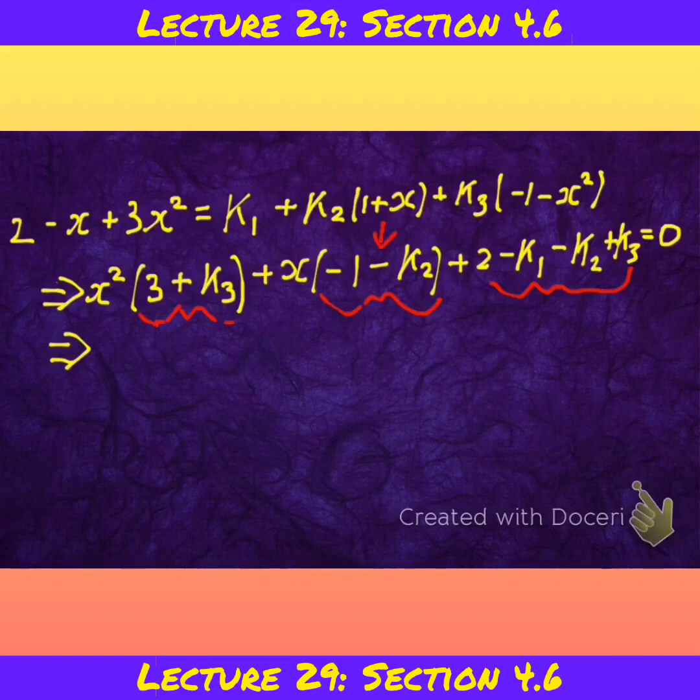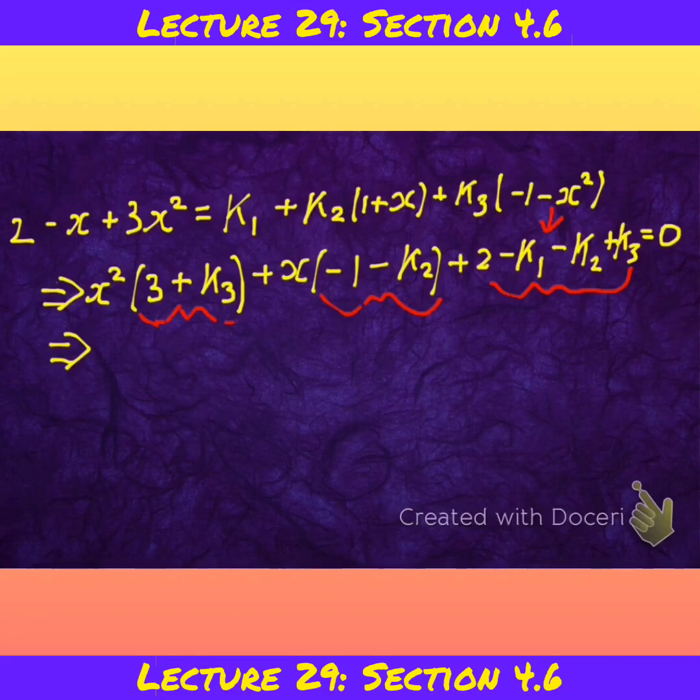If this is not 0, again, you've got a polynomial on the left that's 0 for all values of x, and the polynomial on the left is going to have degree 1. A polynomial of degree 1 can only have at most one root. But if that's not 0, you're going to have infinitely many roots. So that's 0, and that also needs to be 0 for the same reason.